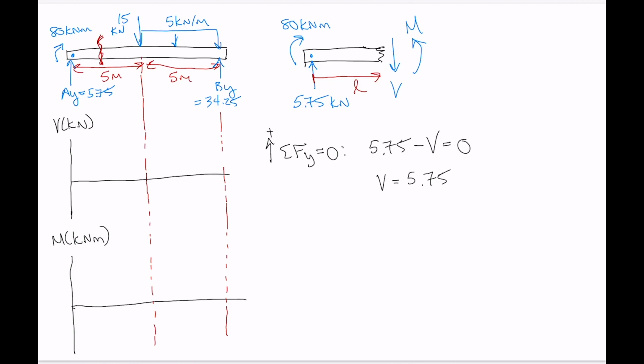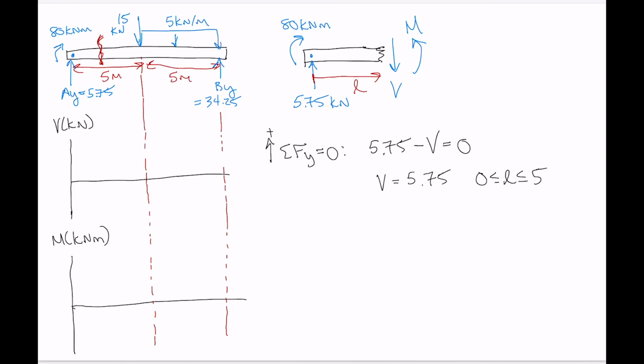Now, because this section cut could have been made anywhere between 0 and the center of the beam, this equation is good for all values of L between 0 and 5. So we have 0 is less than or equal to L, less than or equal to 5.